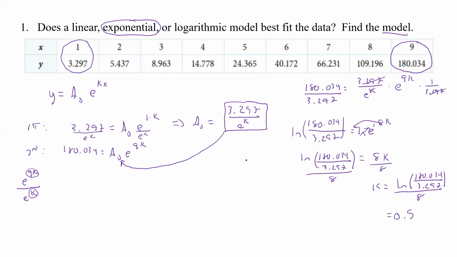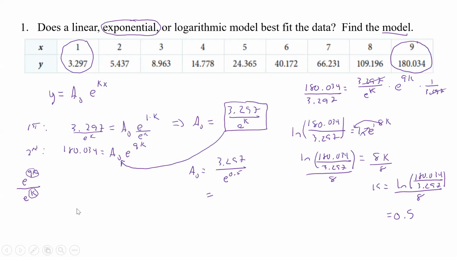All right. Well, because of that, now we know that k is 0.5, we can find a naught. And so a naught is equal to 3.297 divided by e to the 0.5. Now we have to take that and solve it.